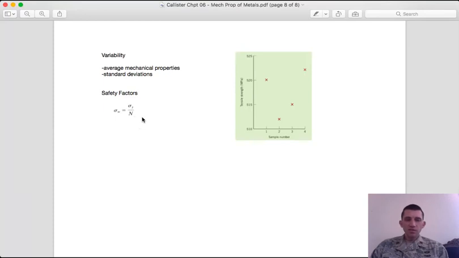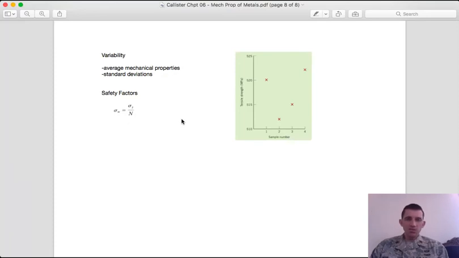So this would be some factor that I'm going to divide my yield strength by, and that becomes essentially my working yield strength.